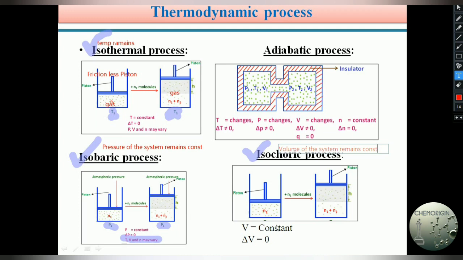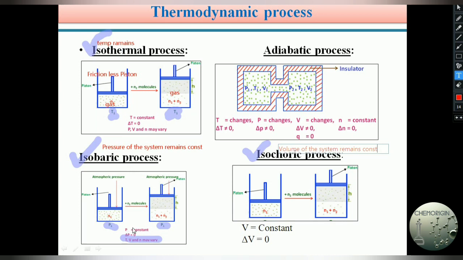So students, one more important thing: if temperature is constant, initially T1 and after the process also T1, the change in temperature, delta T, is 0. In the isobaric process, pressure is constant.